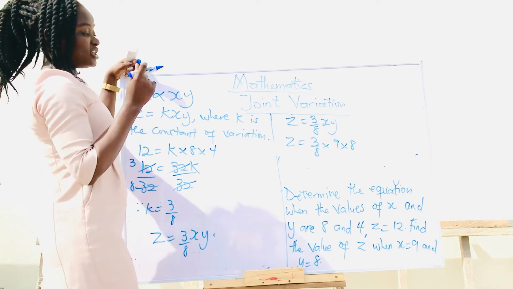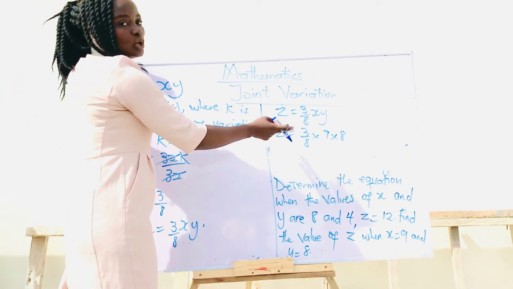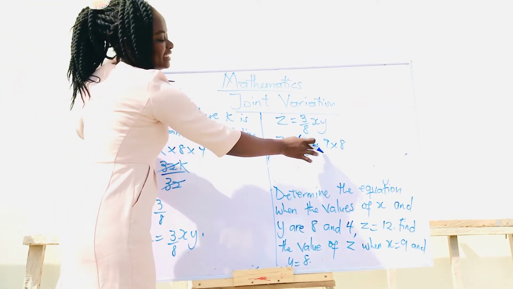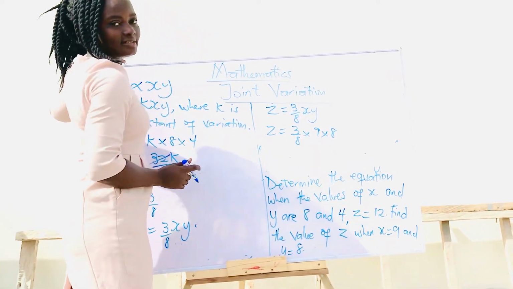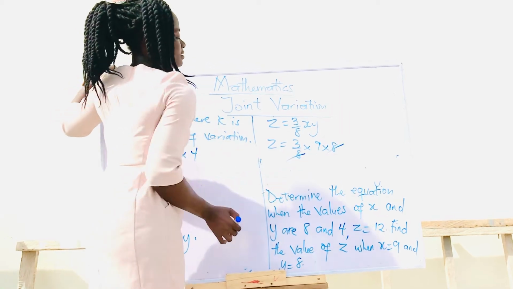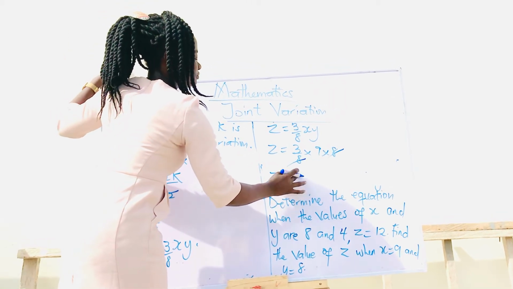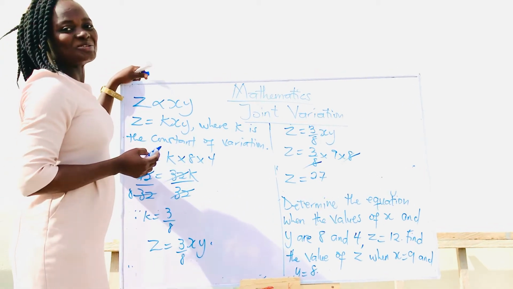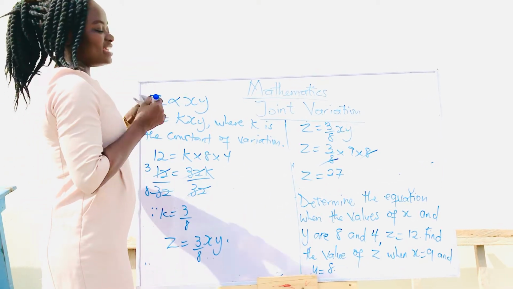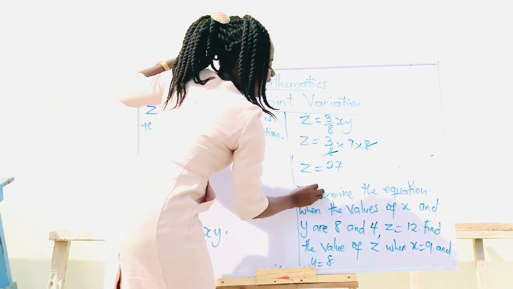By substitution, it becomes Z equals 3 over 8 times 9 times 8. So we cancel out to get 3 times 9, and 3 times 9 is what? 27. So that is our final answer.